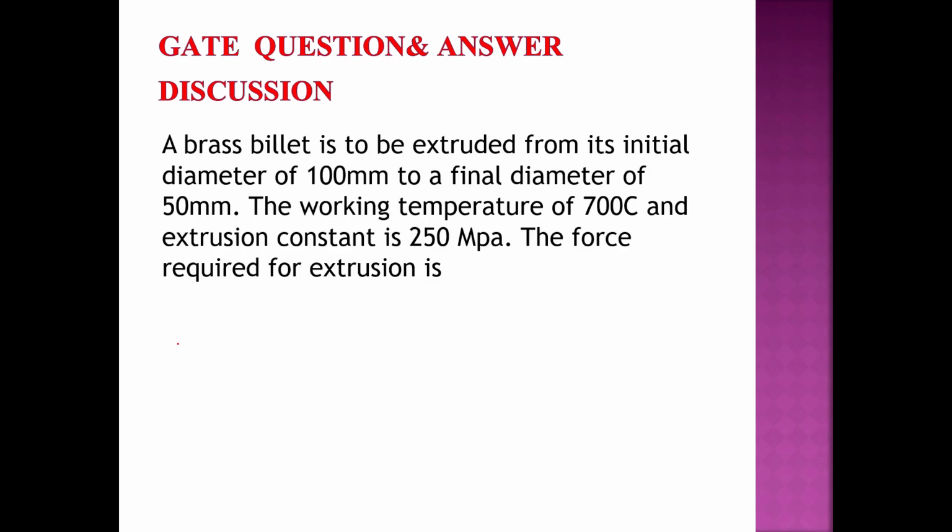The next question is a problem. A brass billet is to be extruded from its initial diameter of 100 mm to a final diameter of 50 mm. The working temperature is 700 degrees Celsius and the extrusion constant is 250 megapascal. The force required for extrusion is what we have to calculate. First, we will write the given.